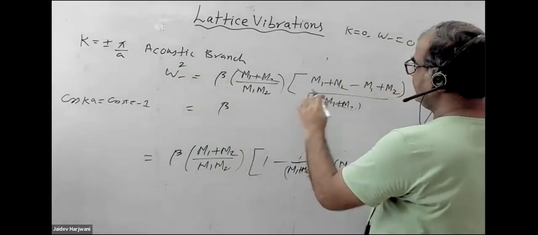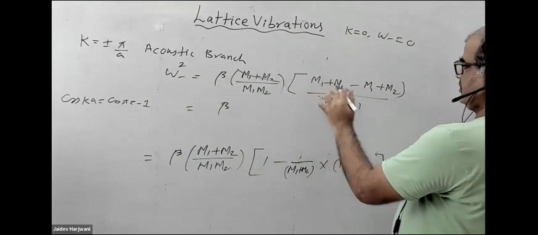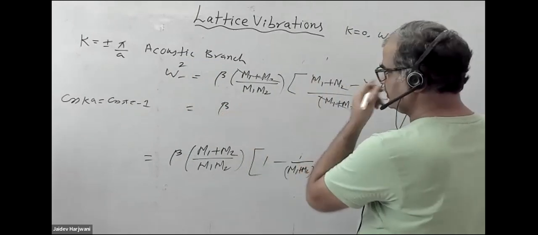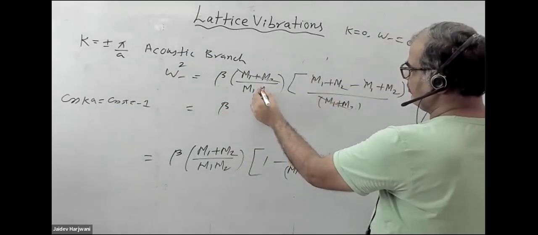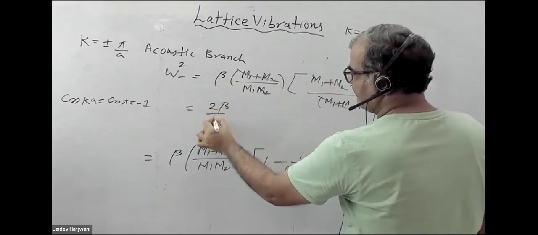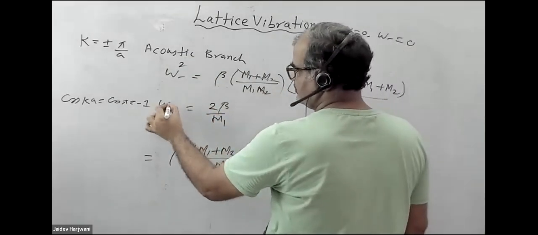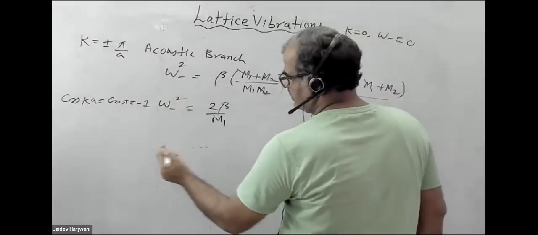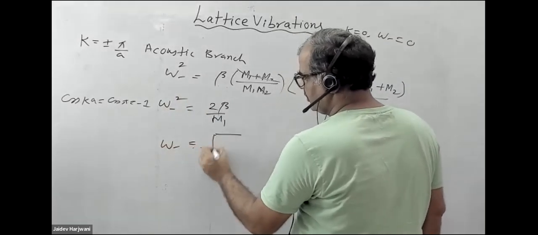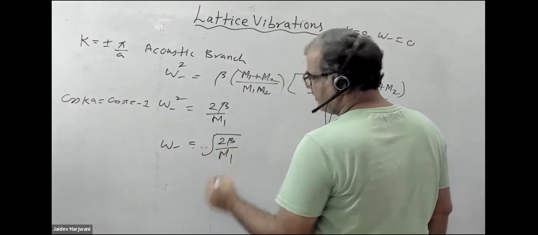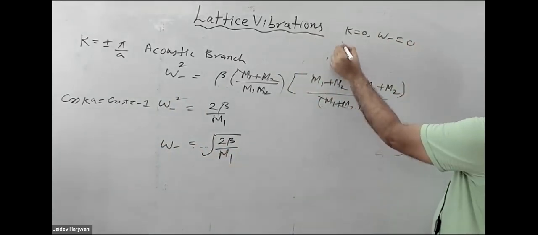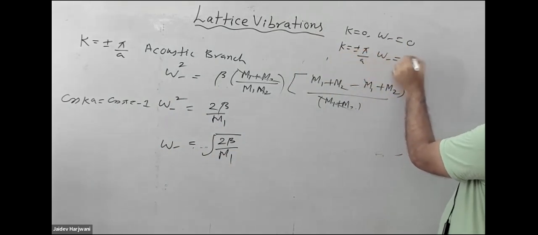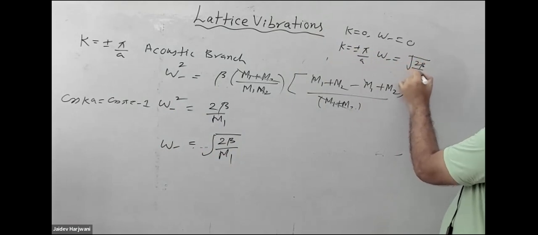So this becomes beta, and this becomes 2 m2, 2 beta upon m1 will come. 2 m2 or m2 will cancel, so you get 2 beta upon m1. So omega minus square you get 2 beta upon m1, and if you solve this one, you get omega minus equal to under root 2 beta upon m1. So I'm writing here, at k equal to plus minus pi by a, I got omega minus equal to under root 2 beta upon m1.